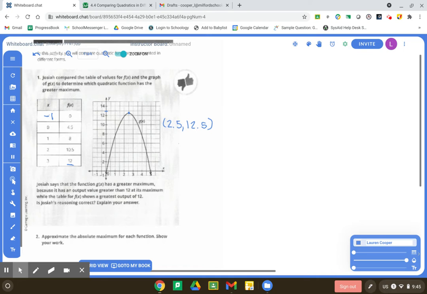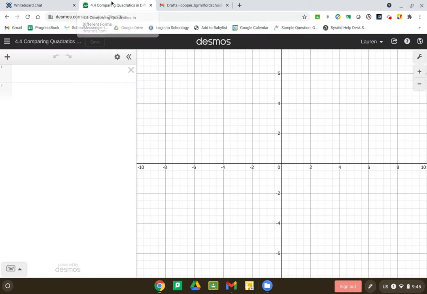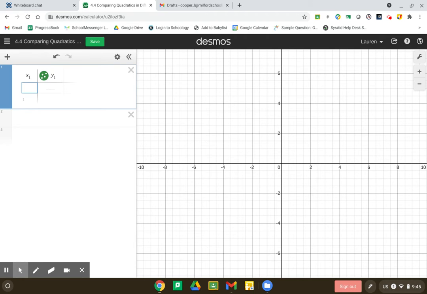So what I'm going to do is just type this table into Desmos, and then we'll compare the two maximums. To get a table into Desmos, you press this plus button, type table, and you just type in the numbers that go along with it.